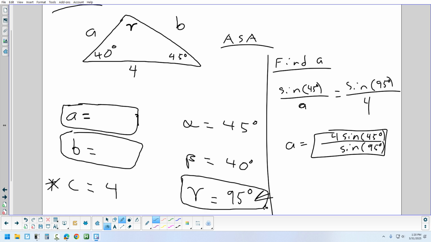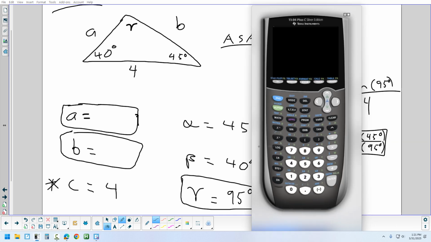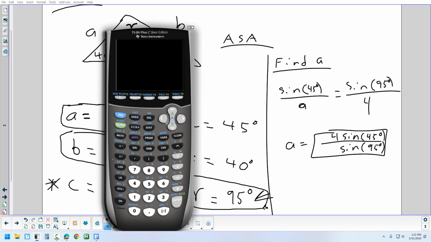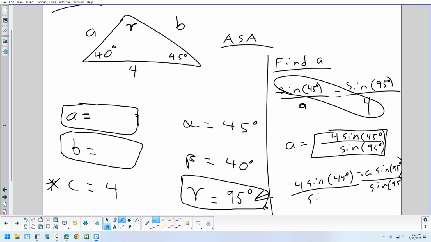Yep. Wait, so how do you know which one goes with the 4? Because they're on the same diagonal. So if you're going to do it out completely, it's 4 sine 45 equals A sine 95. And then when you divide each side by sine 95, that's how the sine 95 ends up in the bottom.